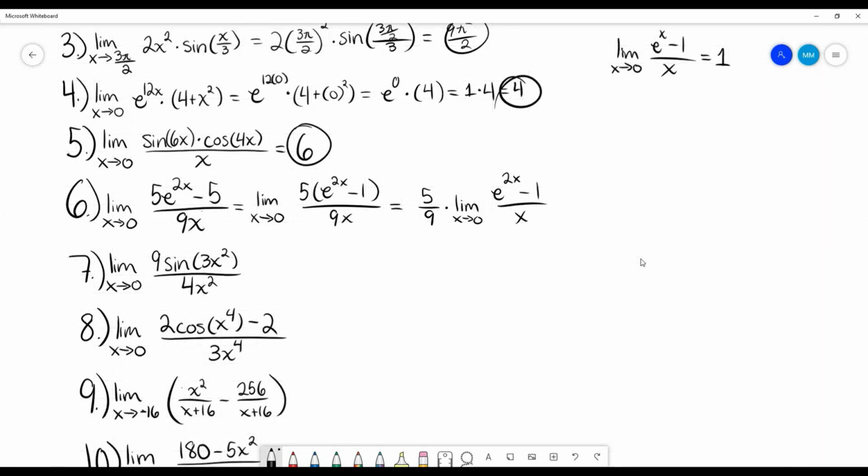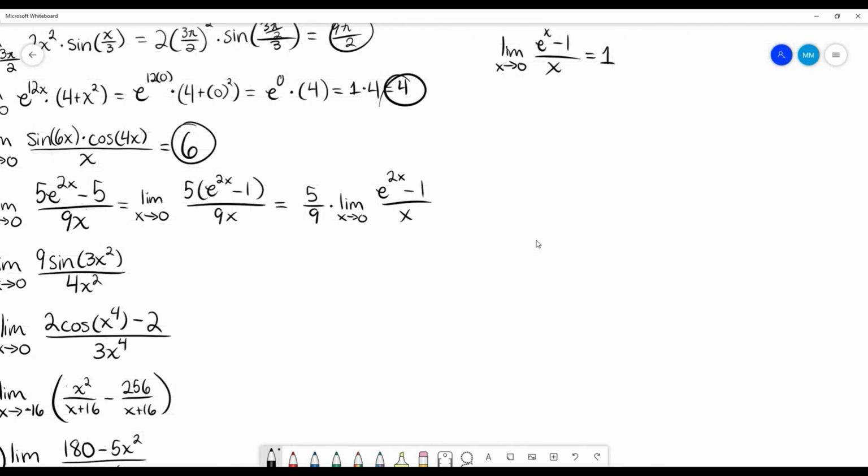And for anybody confused as to how I took this out, that's one of our limit rules, or our laws of limits. Because this is just a coefficient, you can pull it out in front of the limit rather than having it inside. So I pulled it out in front. So now I've just got this bit here.